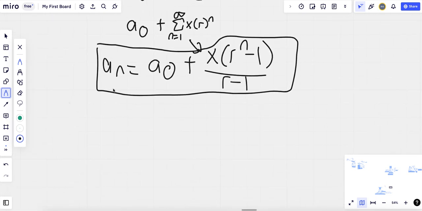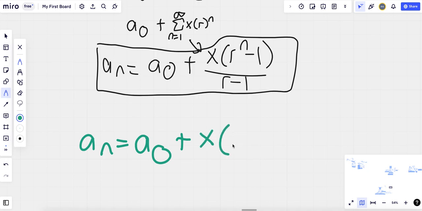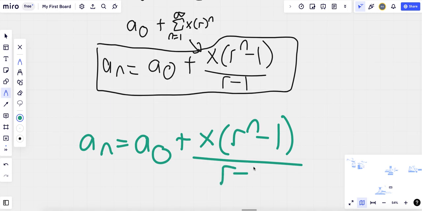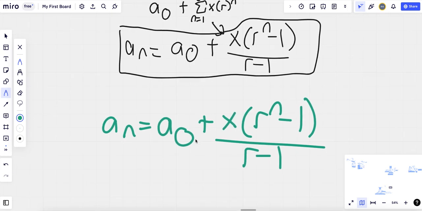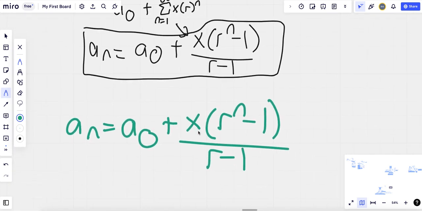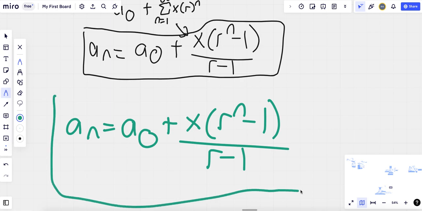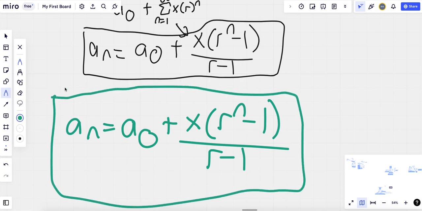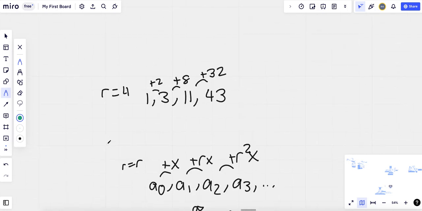So I'm just going to rewrite it. Right, it's just your first term and then plus the sum of your geometric series. Okay, and now that we have this to work with, we can easily go and solve our original question.